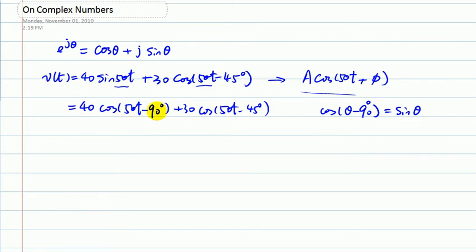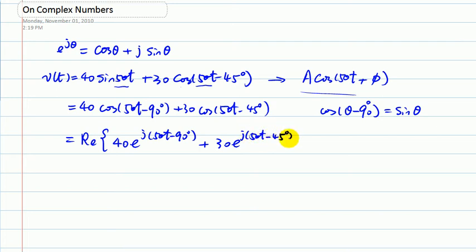The first term is just the real part of 40 e^(j(50t minus 90 degrees)), and the second term is 30 e^(j(50t minus 45 degrees)).